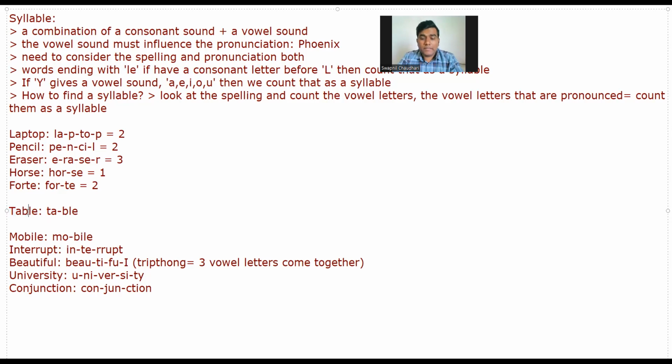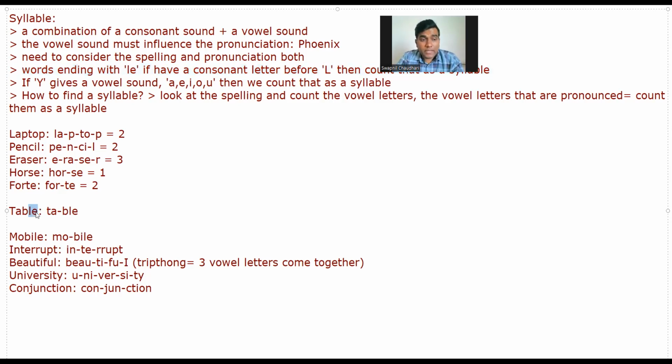We have letter B. Is B a consonant letter? Yes, it is a consonant letter. So we have to count it as a syllable. So again, words ending with LE, if they have a consonant letter before L, then count that as a syllable. Okay? So that is a rule. Now you cannot argue with the rule.